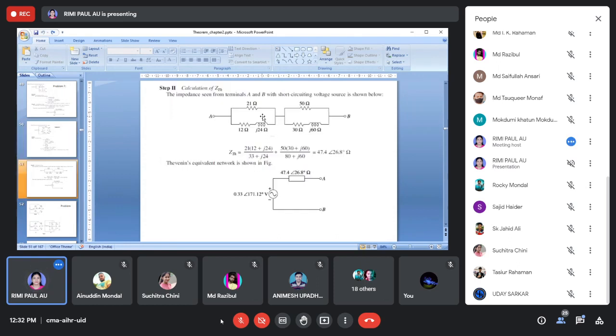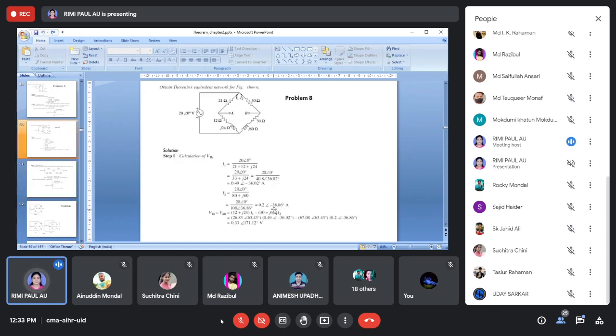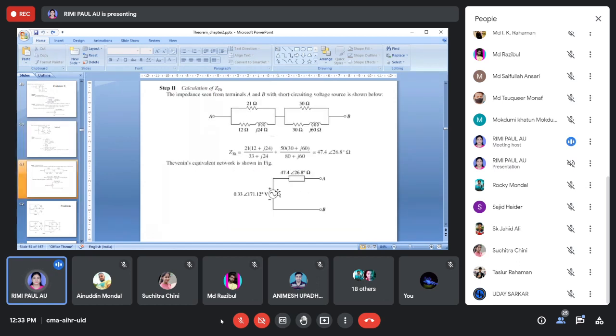Then we have found the ZTH, already I have shown how to find it. Then you have got the last circuit. So this is the Thevenin's equivalent network. Whatever complex circuit you have here, from it you get only one source and only one impedance with the series load impedance.